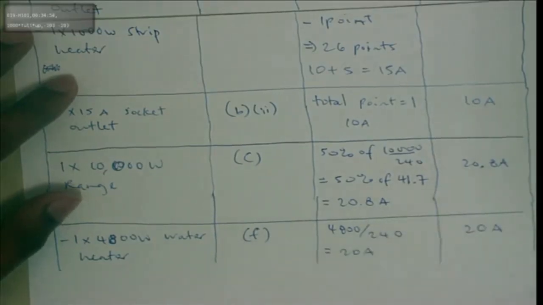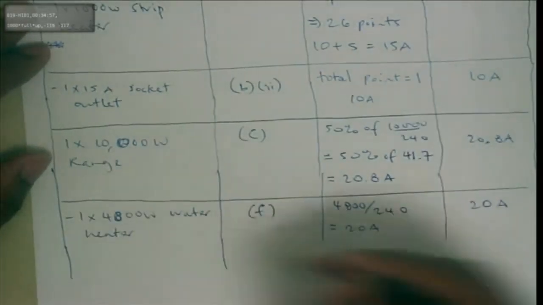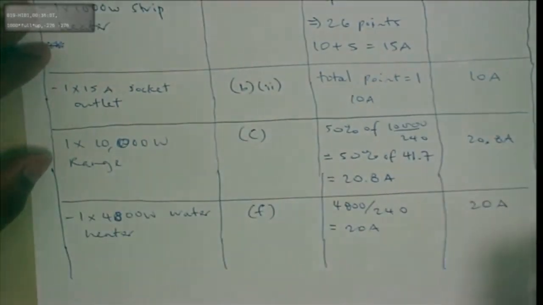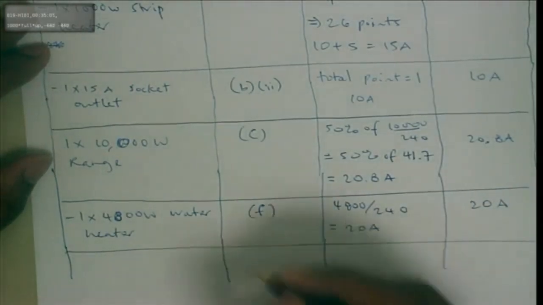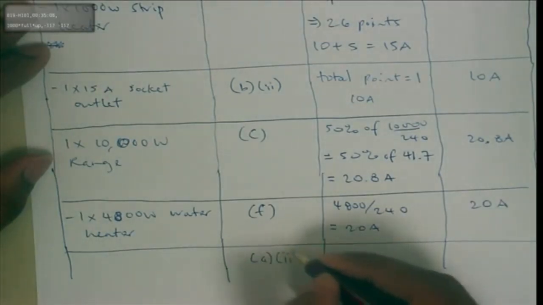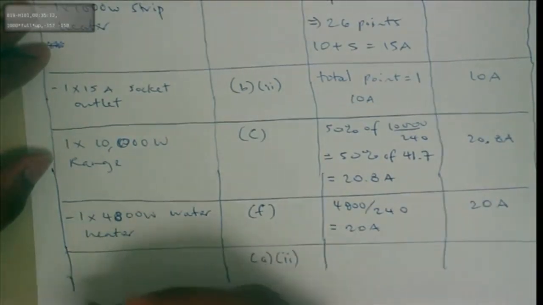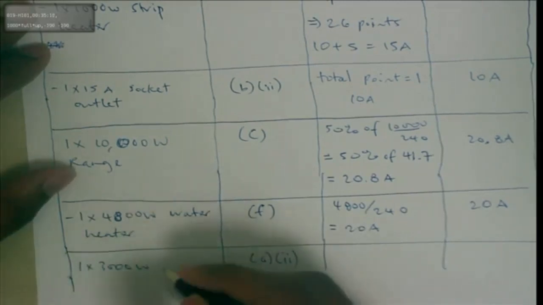Now we are left with the final load group. There is group A2, and the item we have here is 1 by 3000 watt tennis court lighting.